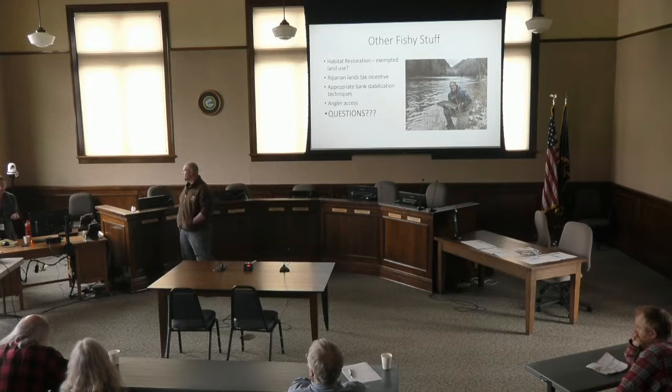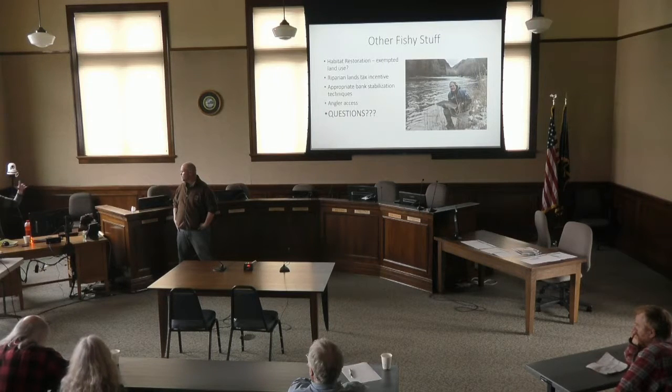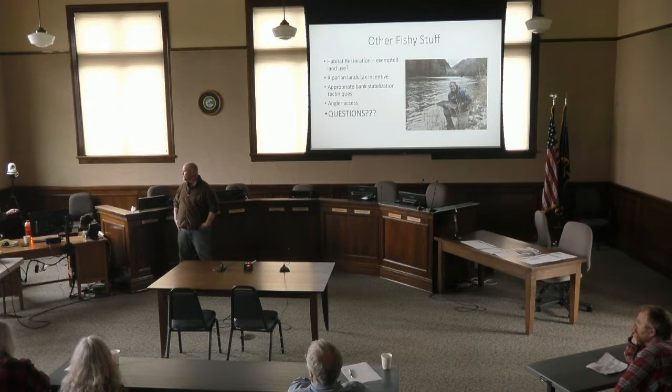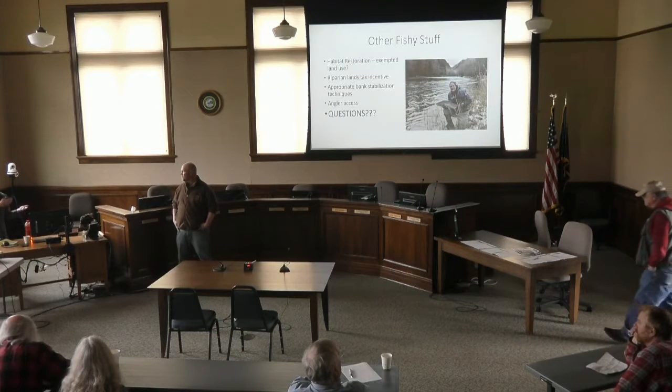What we don't necessarily do with a comp plan update, which is the high-level aspirational document, is put the nitty-gritty specific regulations in there. So in a comp plan, you won't see that wetland restoration should be an over-the-counter permit in this zoning district. What you would see is a statement that staff should review all zoning classifications to make sure that wetland restoration is a permitted activity, or to see where wetland restoration can be reduced to a type 1 permit, which is over the counter.